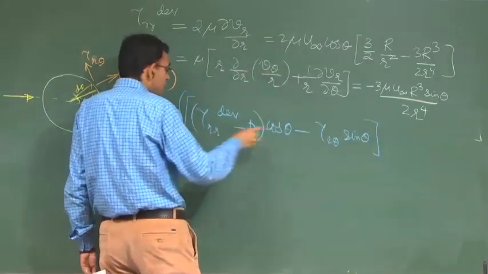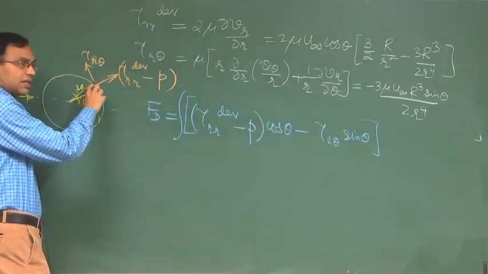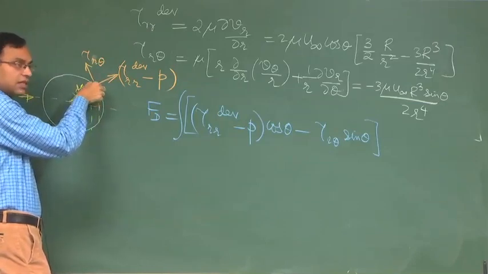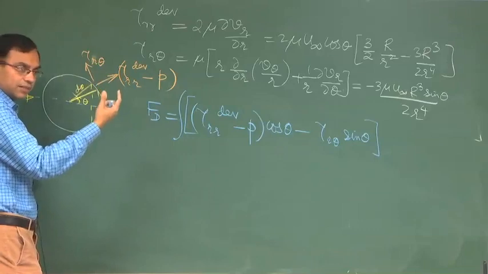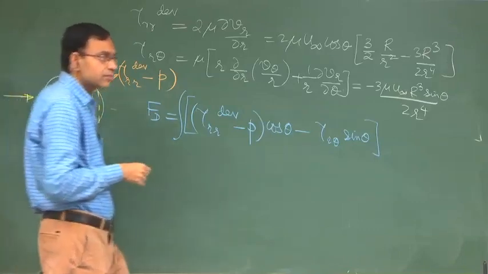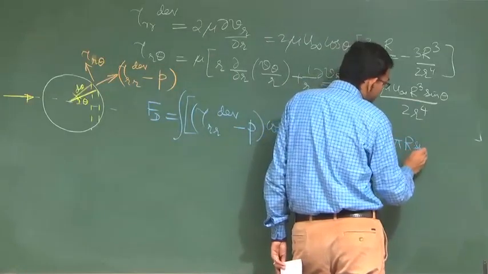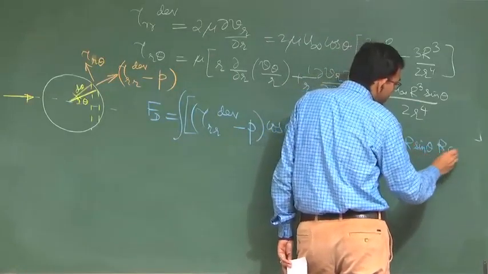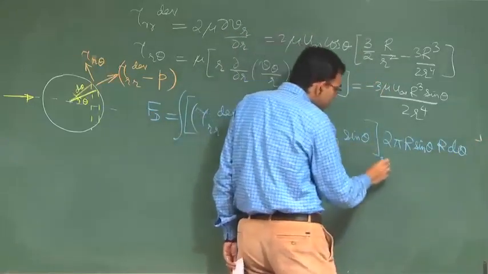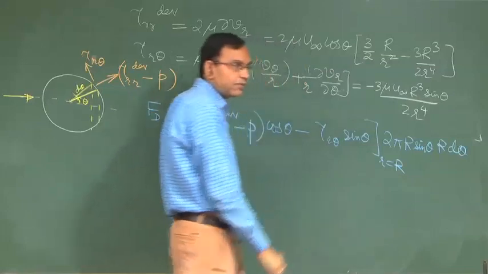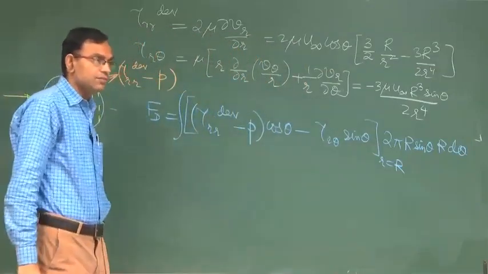Integrate. What is the area on which it is acting? This is r sin theta, this is r d theta. So the surface area of this is 2 pi r sin theta into r d theta, 2 pi r h. So 2 pi r sin theta into r d theta. Remember, this is evaluated at small r equal to capital R. The drag force is on the sphere, and what will be the limit of integration?